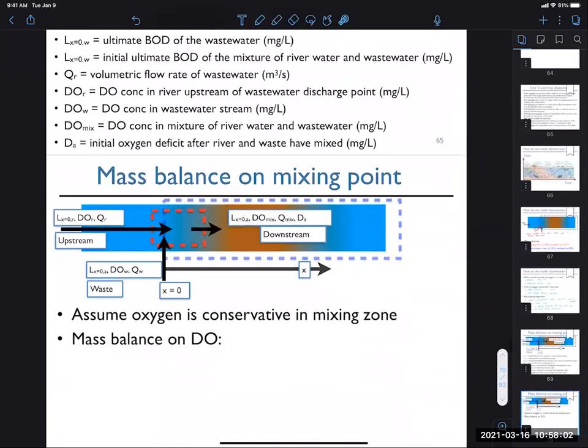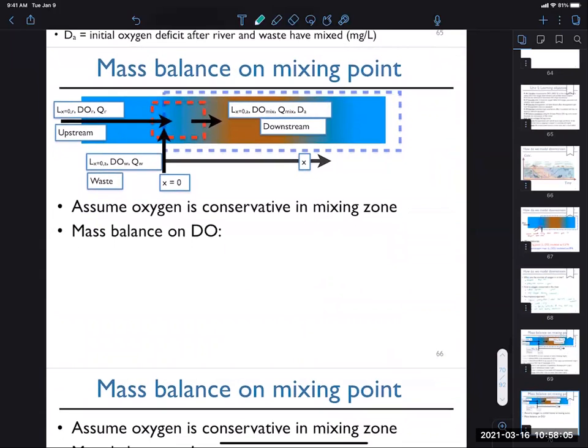All right, so let's do our mass balance on the mixing point. If we assume that oxygen is conserved in the mixing zone, meaning that it's not going to be utilized by the BOD, our mass balance on the DO looks like this. We have QR, DOR. Again, just to highlight it, we're focusing on this control volume right here. So we have any DO that's present in the upstream.